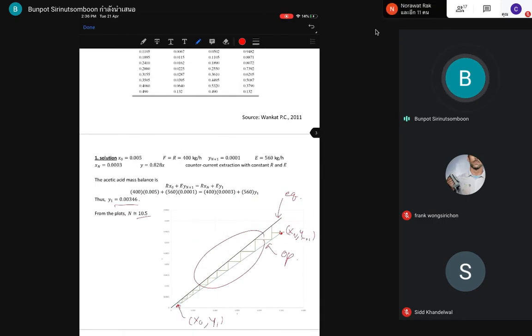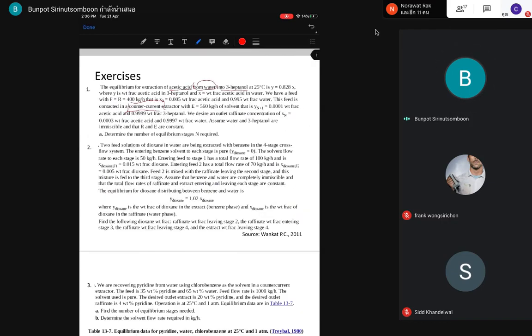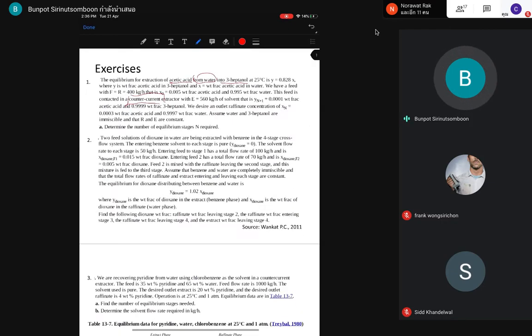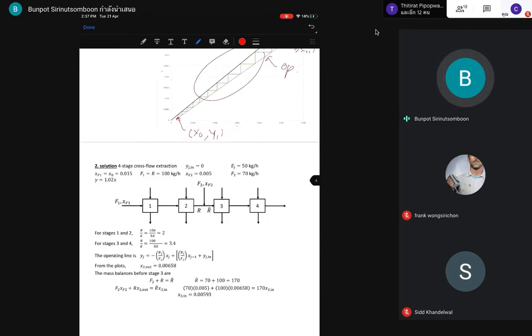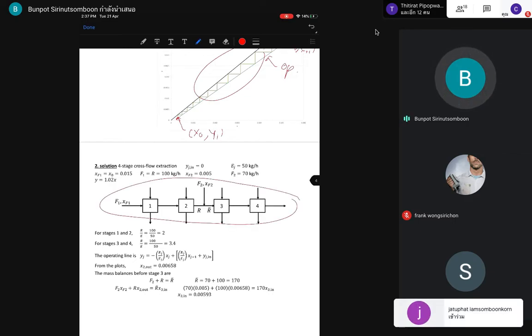And then for question 2, this one is the cross flow. It's the 4-stage cross flow system. I'm just going to show you my result here. When you draw the picture, it's going to look something like this.